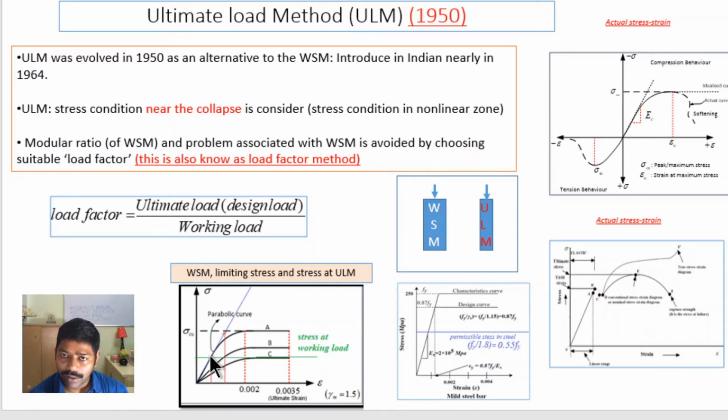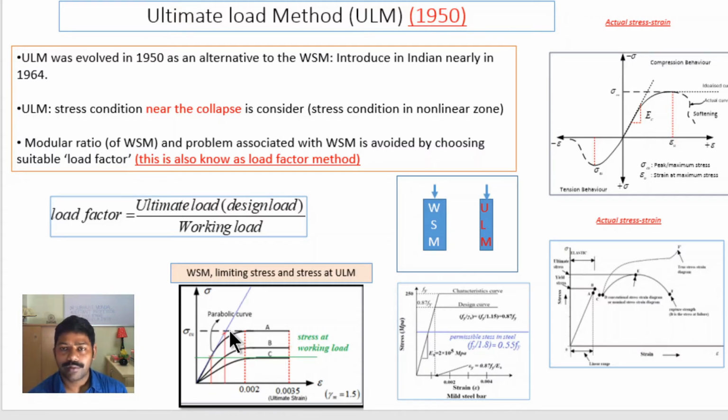Now what is the ultimate load method doing? The ultimate load method allows the stress to reach failure. If you draw the tangent line and extend it, the ultimate load method allows the stress to reach near the ultimate load.